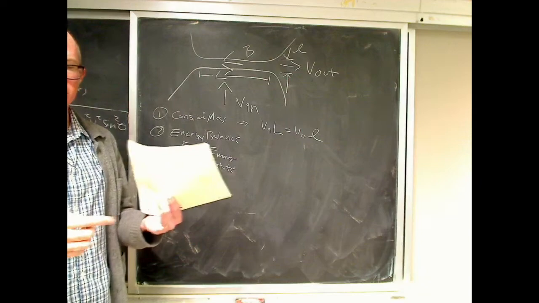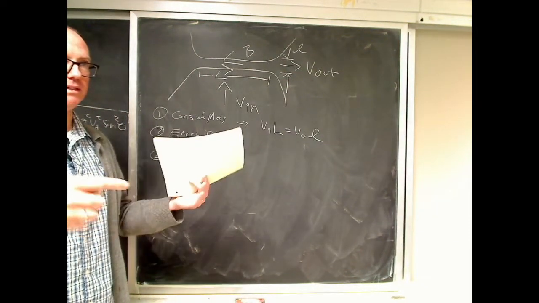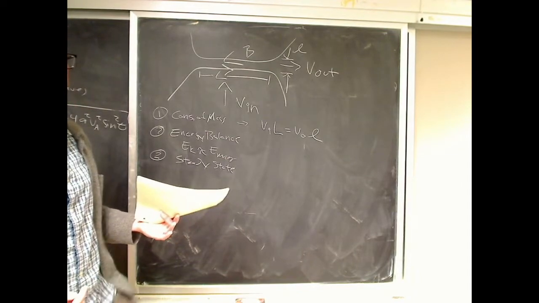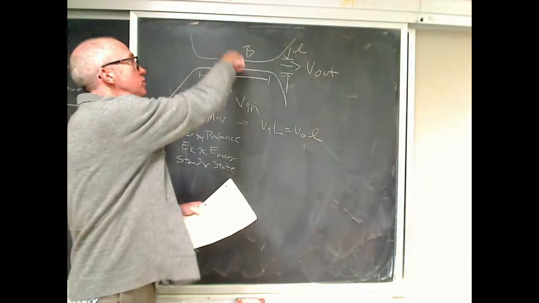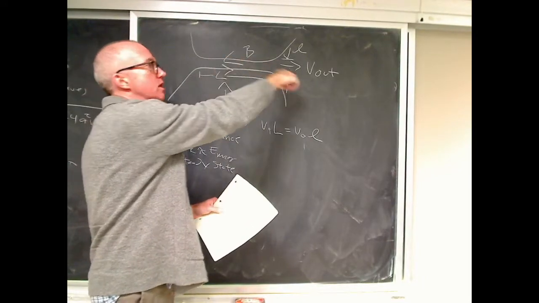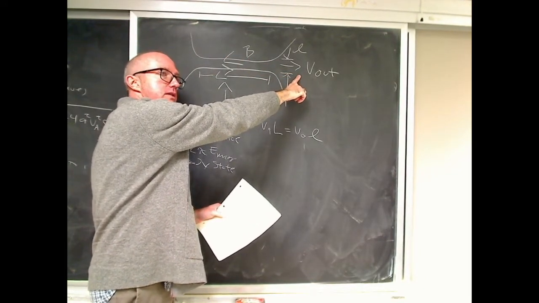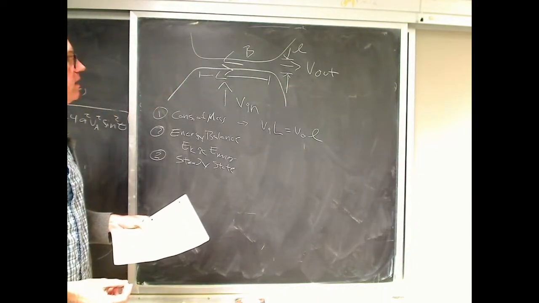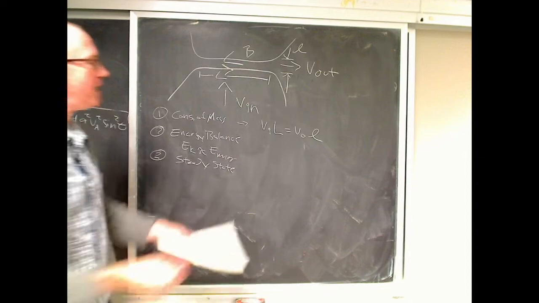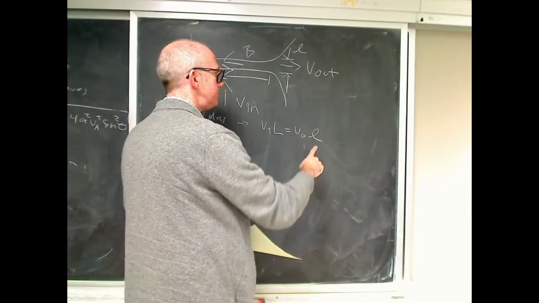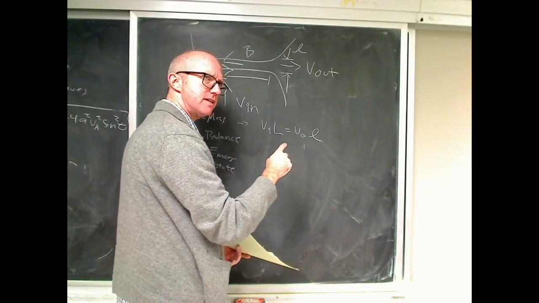So you have some explosion and it comes out one way and it's getting rammed in the other way. So this is like stomping on a tube of toothpaste. You stomp on the toothpaste here, it comes out that way. It has some large area where you're stomping and some small area where it's squeezing out. So conservation of mass says VI times L is equal to VO times little l. Does that make sense? Is that obvious why that's conservation of mass?